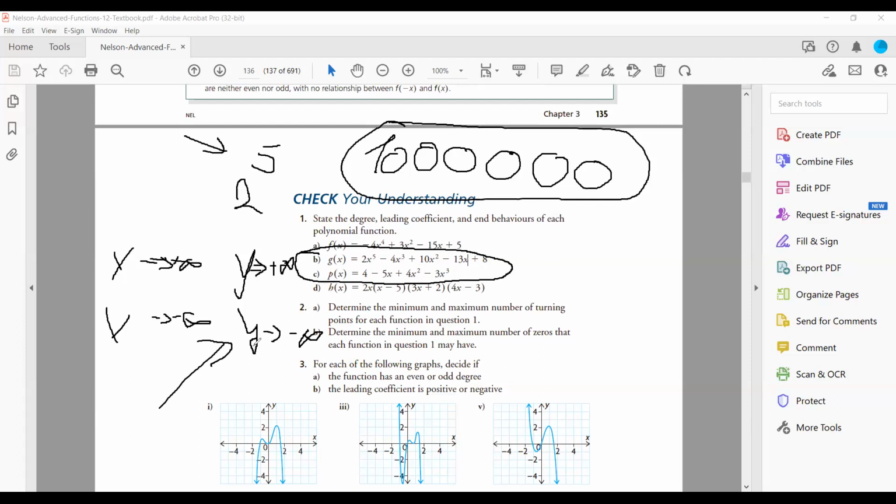Is that what you're trying to say? Yes, sir. Going negative down. So yeah, when x travels to negative infinity, B is going down.